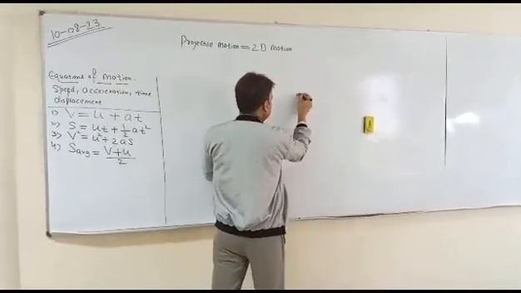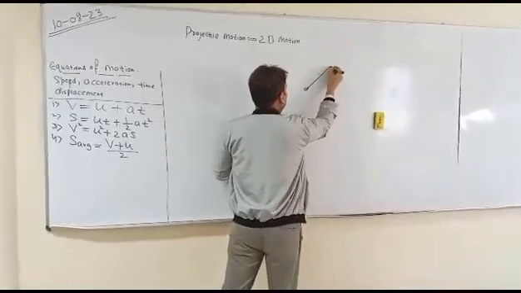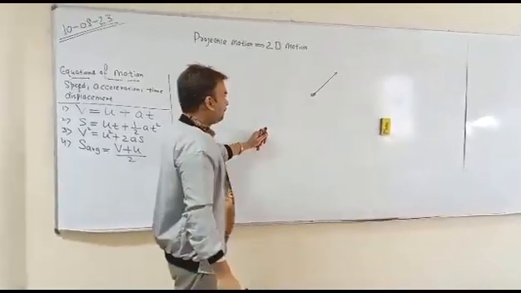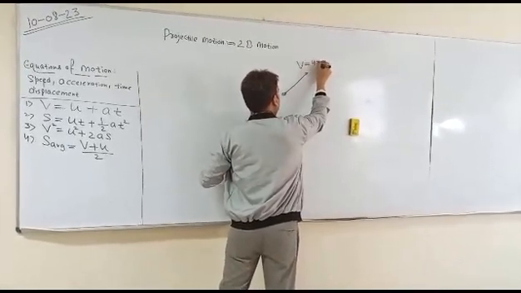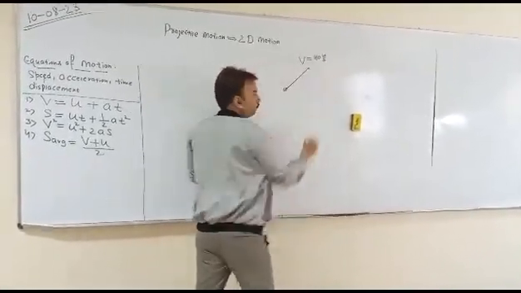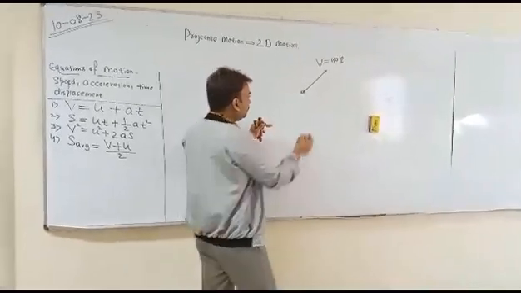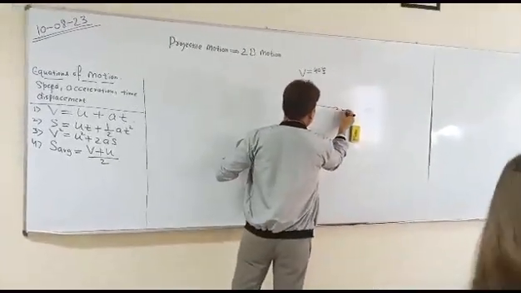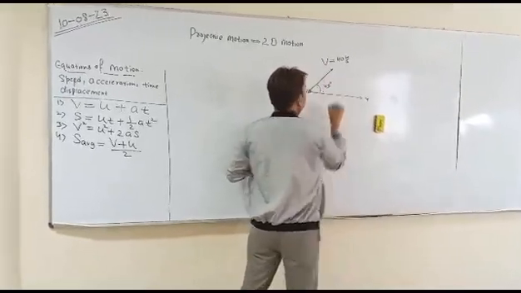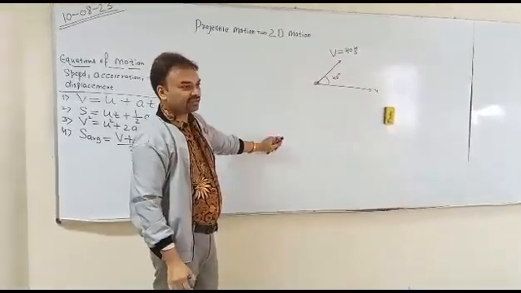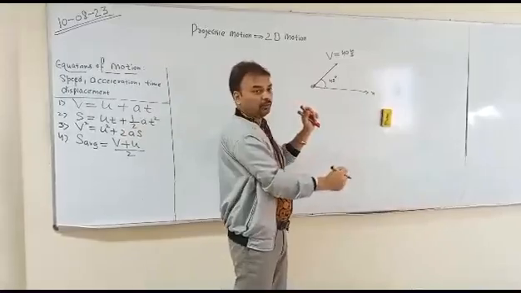The tennis player strikes the tennis ball and the ball goes like this, and the speed of the ball is 40 meters per second. When it hits the ball, it makes an angle of 45 degrees with the x-axis.